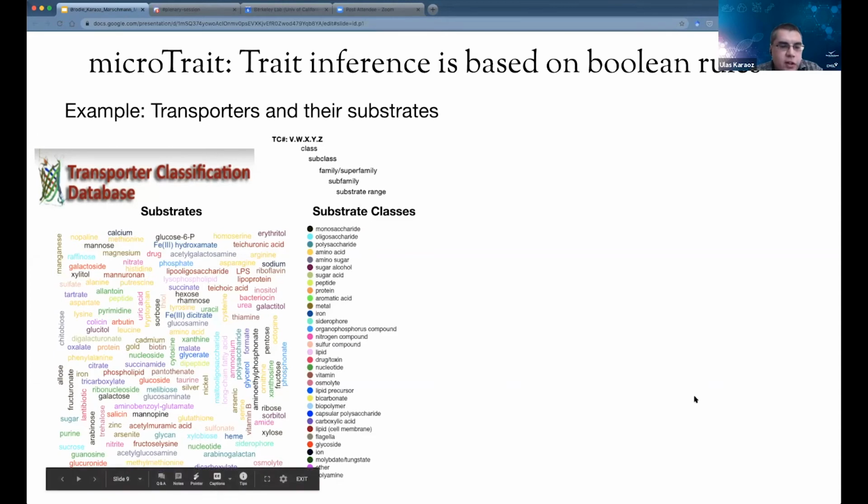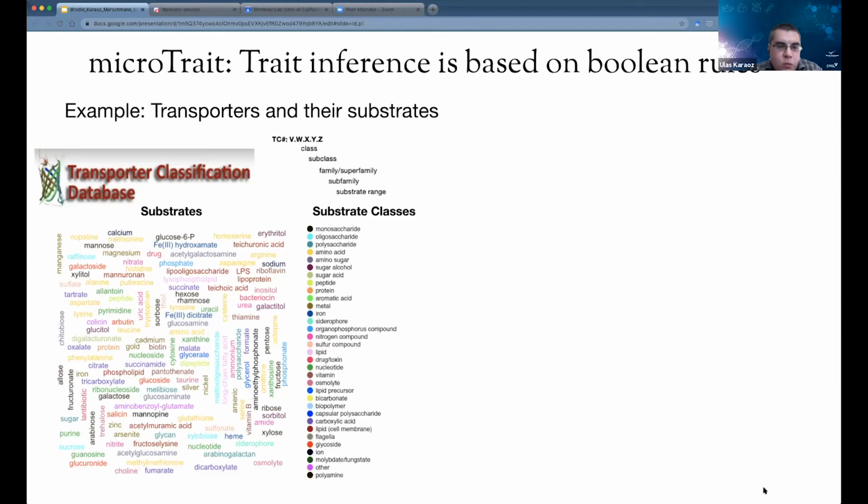For transporters, we use the transporter classification database, where you have transporter families documented with their substrates from the literature. So we represent each transporter with an HMM model, and then that model is linked to a substrate, which can be classified at different granularities.